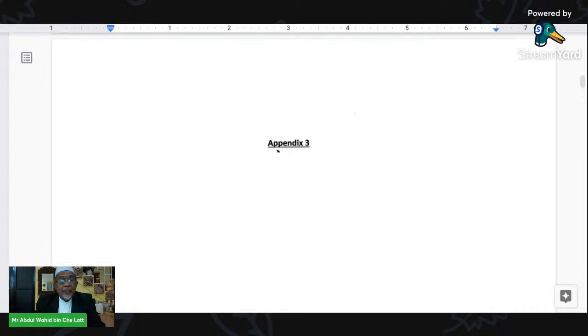Okay, sentence number 2. My father falls asleep after a few minutes of reading a newspaper. I repeat, my father falls asleep after a few minutes of reading a newspaper.